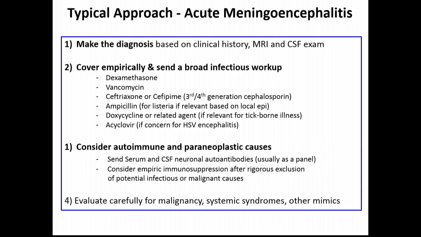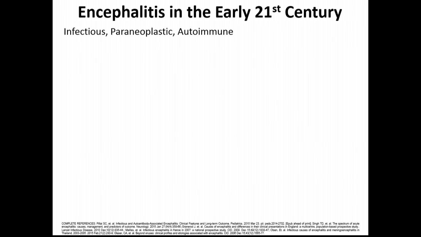But if you think that this is not infectious and it's autoimmune, then you start empiric immunosuppression for this after you do your best to rule out potential infectious or malignant causes. And when I talk about evaluate carefully for others, what I mean is you really have to work through that infectious diagnosis and also make sure that you're not dealing with anything that your immune suppression could either cloud the diagnosis or hurt the patient.